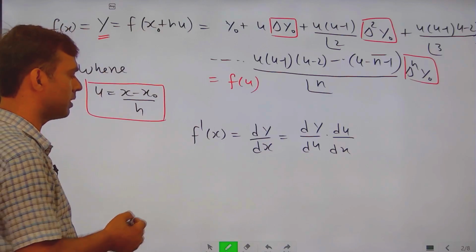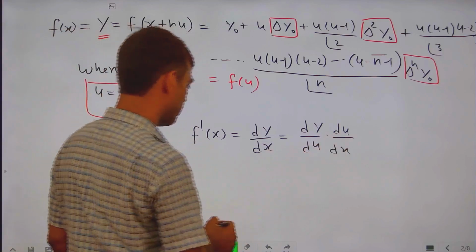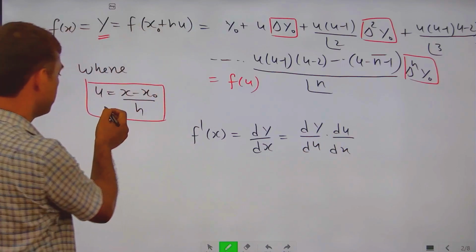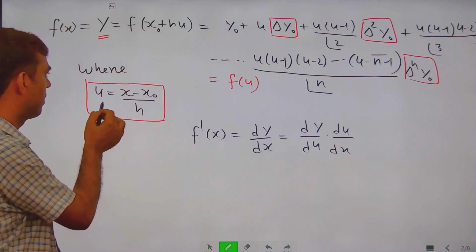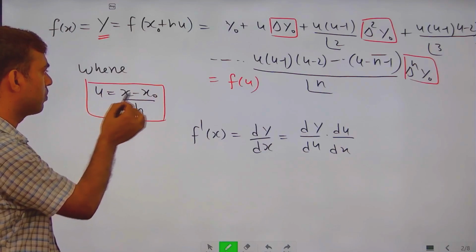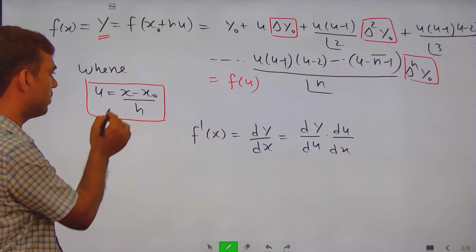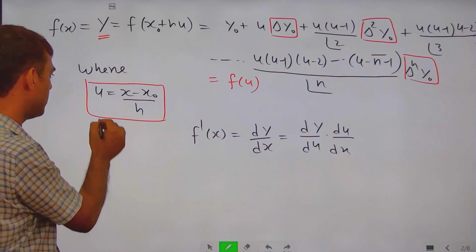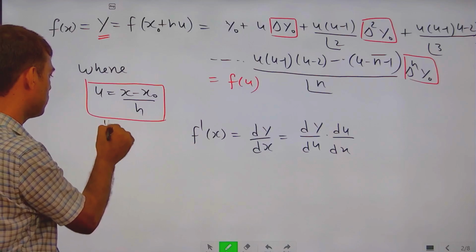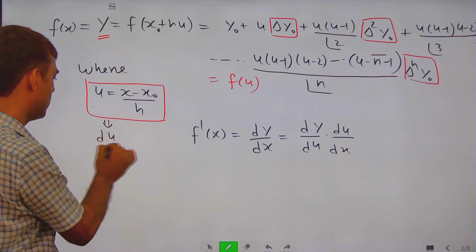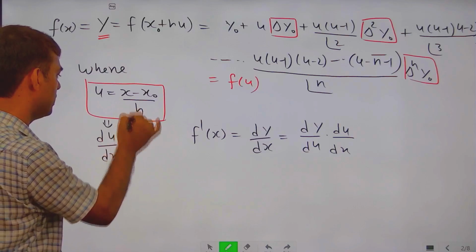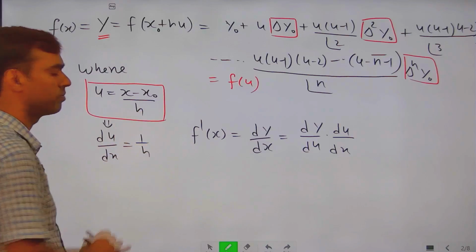Now, what is the value of dy by du and du upon dx? Here the value of u equals x minus x0 upon h. If we find the derivative with respect to x, du upon dx equals 1 upon h.